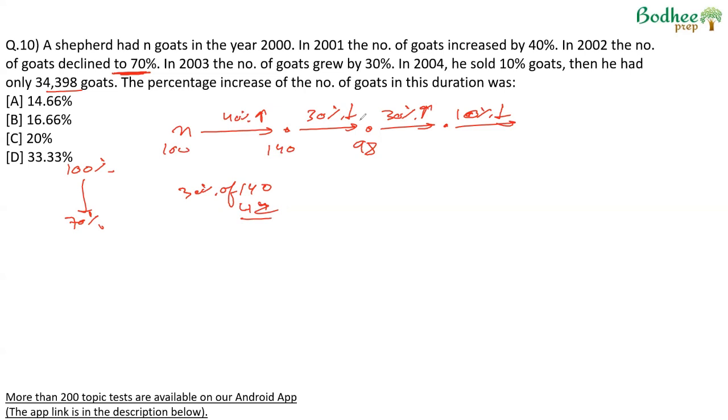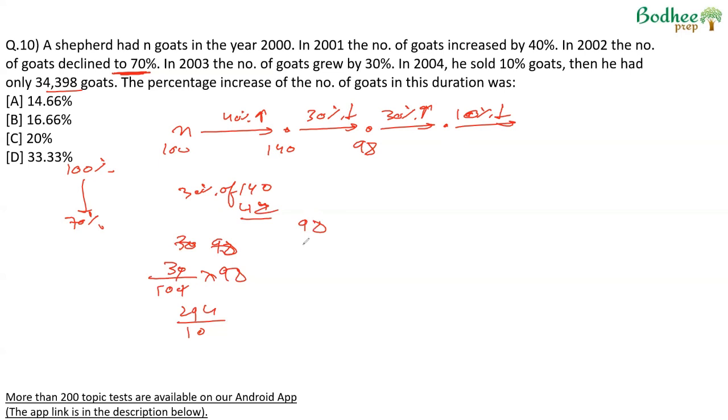98 then can increase by 30%. 30% of 98 will be 98 into 3. So 30 upon 100 into 98, the zeros cancel. 98 into 3 is 294, so 29.4.